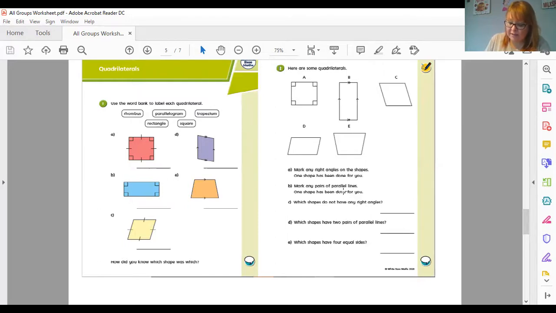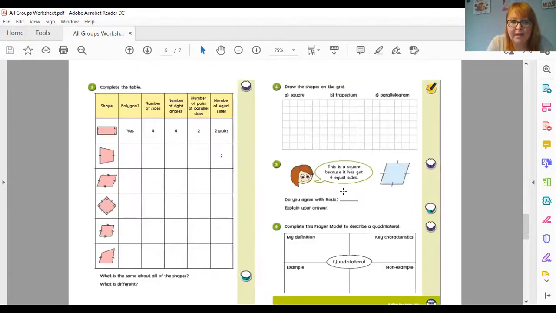So you can use these little arrows to mark it, or you could just do it like it was in the PowerPoint, with lines like that. So you would use one line to show the one set and two lines to show two. And then down here, there's a table to complete about the quadrilaterals. There's some squared paper to have a try at drawing the quadrilaterals.